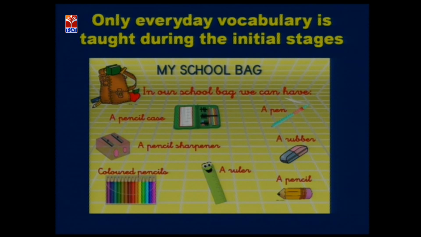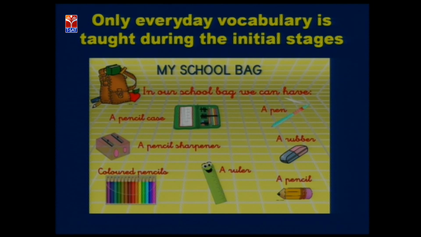See, what are the words that are needed by our kids, for example, primary students, class 1? Based on that only we provide vocabulary, need-based vocabulary. Say about their school bag, what are the various things they use in their school, what do they take in their bag to school.